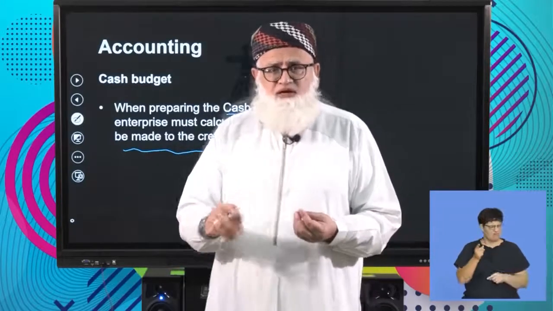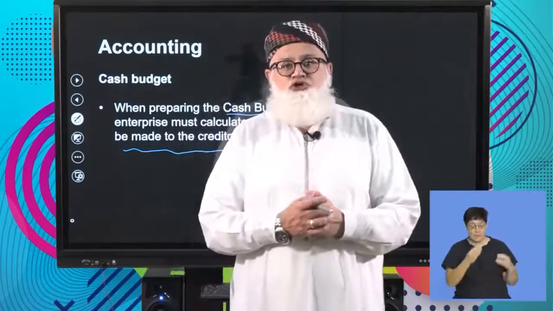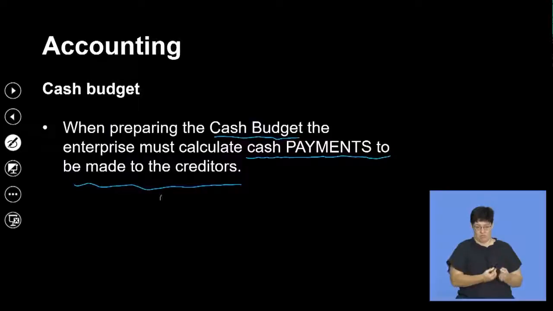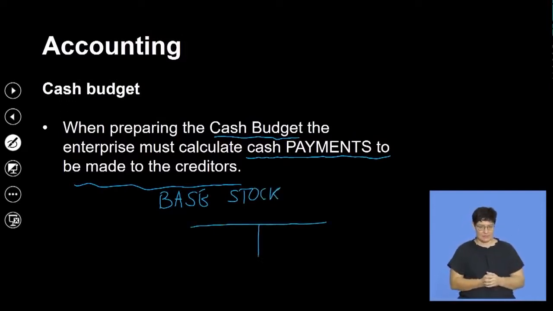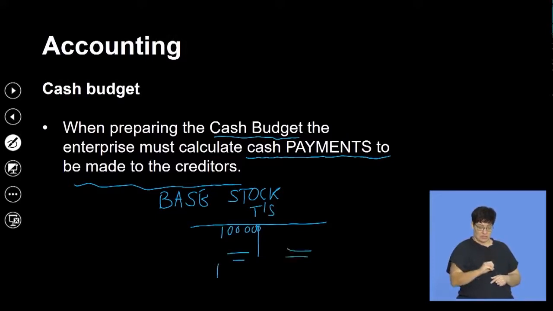Now you must be thinking, has Ashraf got his facts mixed up here, why is he talking about sales? Remember, a business usually uses what we call base stock. Let me explain base stock to you. In a very simplified manner, if that is your trading stock account, if you start off with 100,000 at the beginning, you hope to end off with 100,000 for the next month. This is what we mean by base stock.